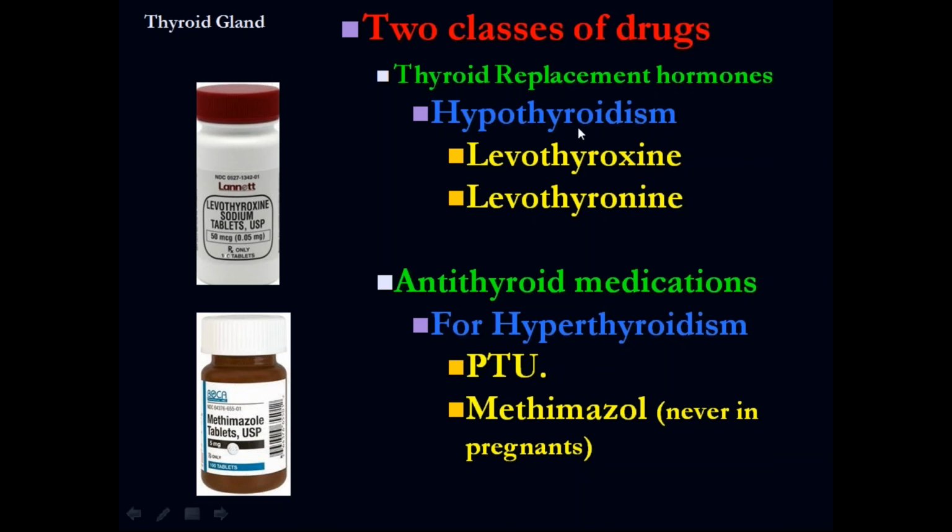Before, they were giving the natural form, which was more difficult to monitor. Now we have levothyroxine, for many years already, once a day. Same for liothyronine, which is the T3.